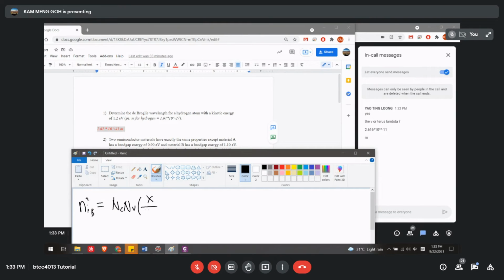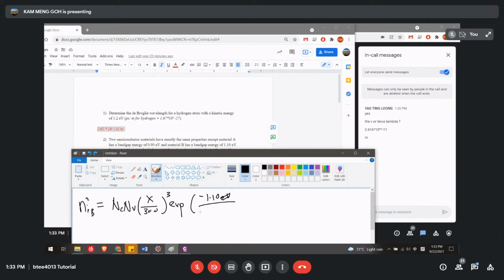So we do this first, and then square for the B. We know that it is T over 300 to the power 3, exponential negative 1.10 eV multiplied by kT, 0.62 times 10 to the power negative 5. Sorry, you don't have to do this.